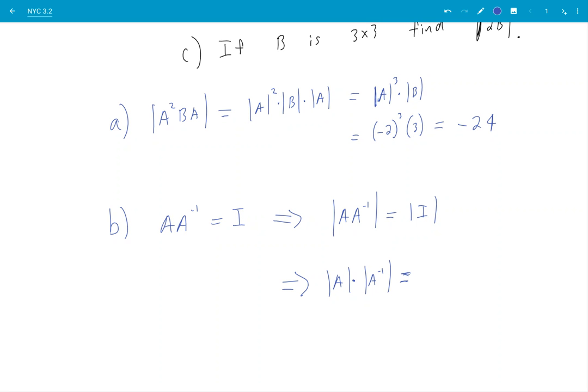I is a diagonal matrix, so that's right. Determinant of I is just 1 times 1 times 1. It's just a bunch of ones multiplied. Okay, we saw this in 3.1. When you have an upper triangular or lower triangular matrix, the determinant is just the product of the diagonal elements. Okay, so we just get 1 here. Equals 1.